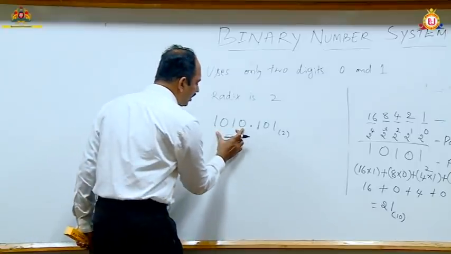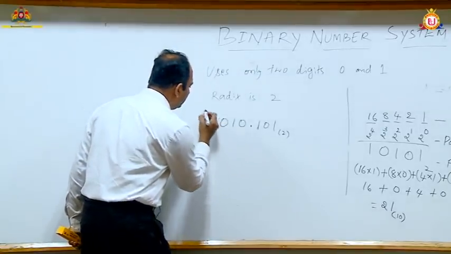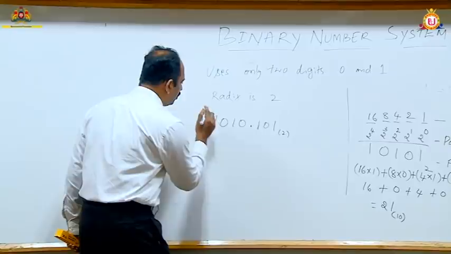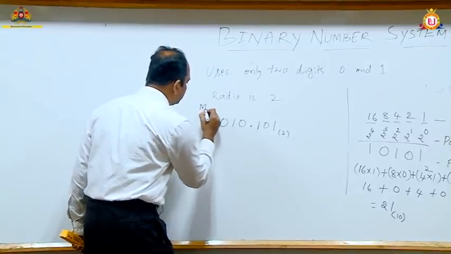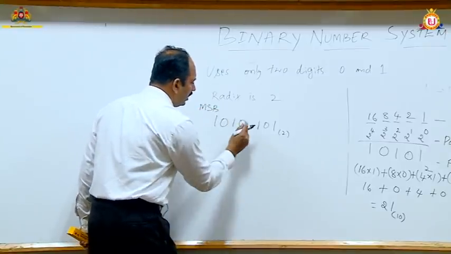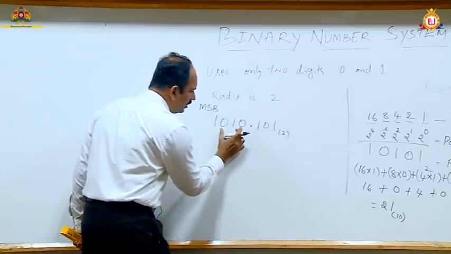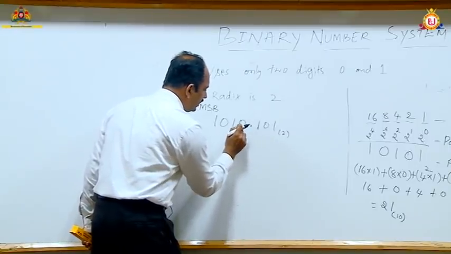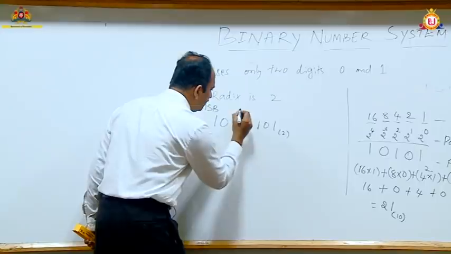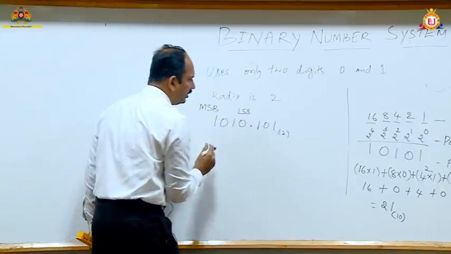Here in the integral part, the 1 at the leftmost position is the MSB, and in the integral part, the 0 present at the rightmost place is called the LSB.